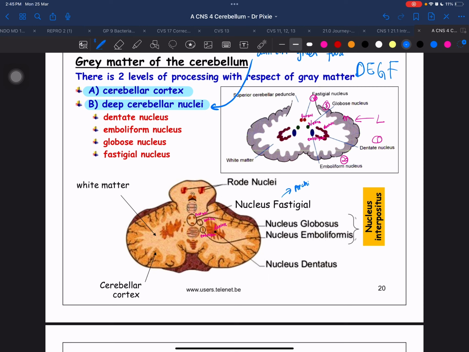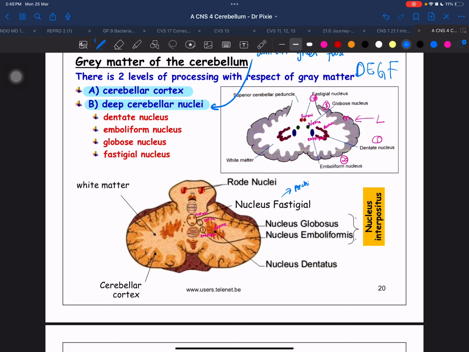The outermost, the biggest one, is called dentate nucleus. Why? Because it is shaped like teeth. That's why dentate nucleus. Then, more medial are the emboliform and the globus. These two collectively, most books call nucleus interpositus because they are in between.